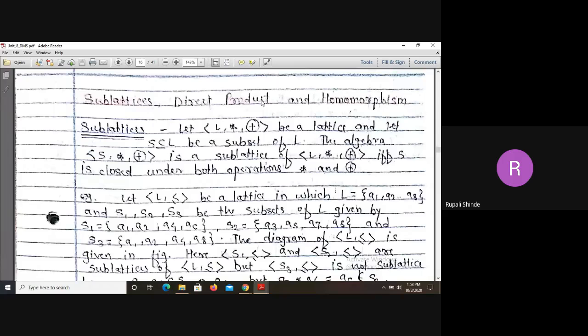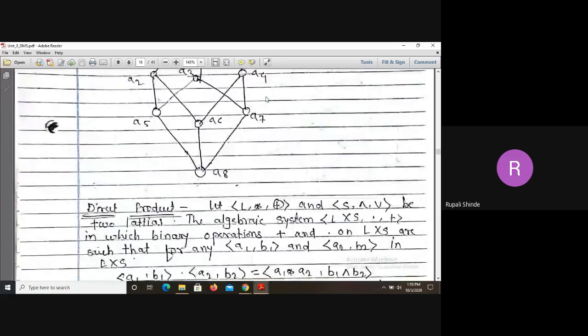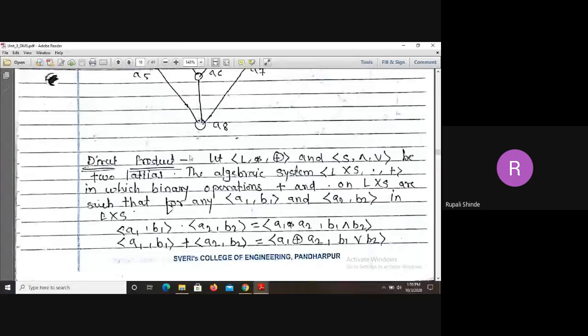Good. Now the next point is direct product. Before, we have seen direct product for which concept? Direct product of algebraic systems. So now we have to check direct product of lattices. The definition is given here.